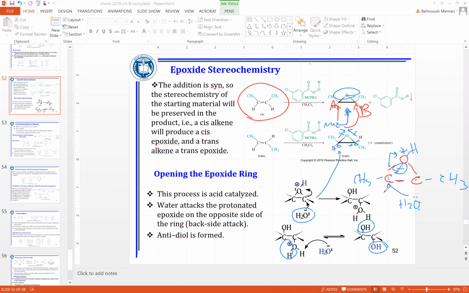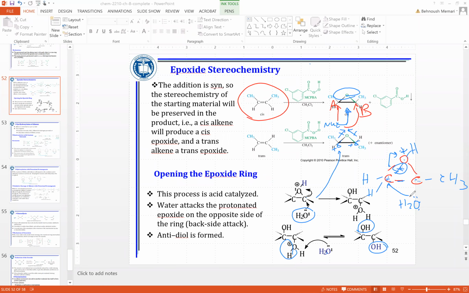So if it's symmetrical, the nucleophile can go either one. If it's asymmetrical, let's say you have hydrogen on this side only, and you have carbon on the other side, if this is hydrogen and hydrogen, then water is not going to come here because plus charge is not going to be stable on this carbon. Plus charge is going to be more stable on the highly substituted carbon.